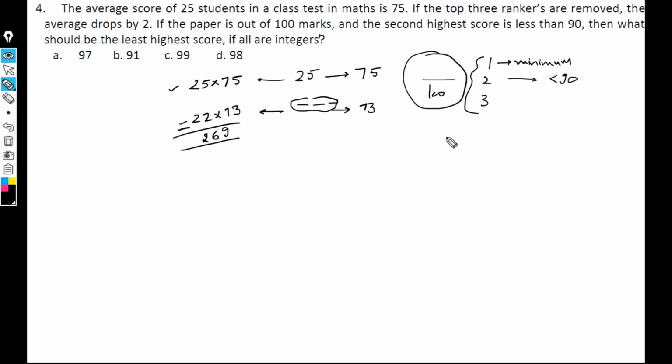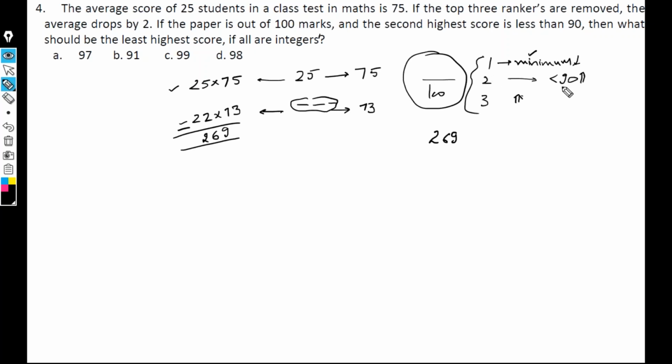Now, if the top three rankers have a total of 269 marks, I have to think of how this 269 should be broken in three parts such that the highest value is minimum. So if I'm keeping this value minimum, I have to keep these two values as large as possible.